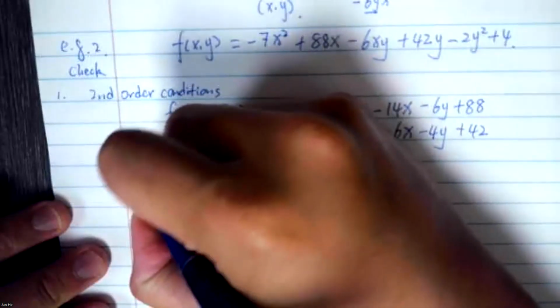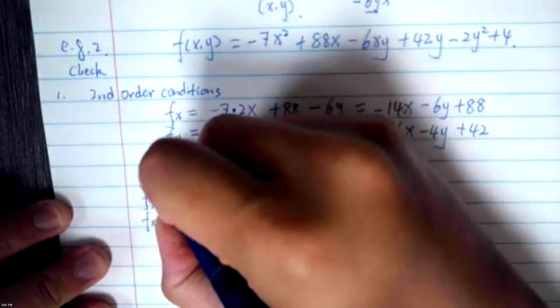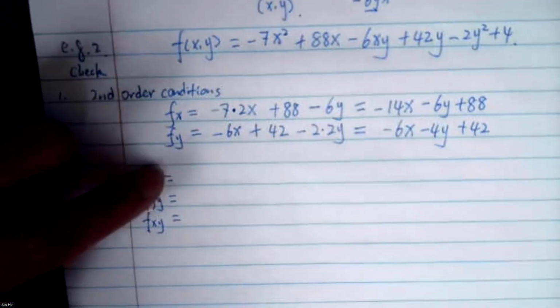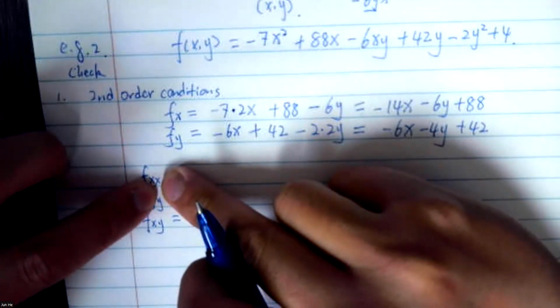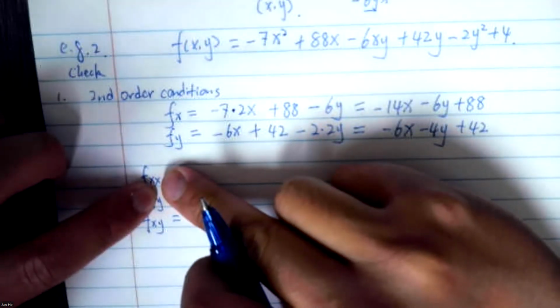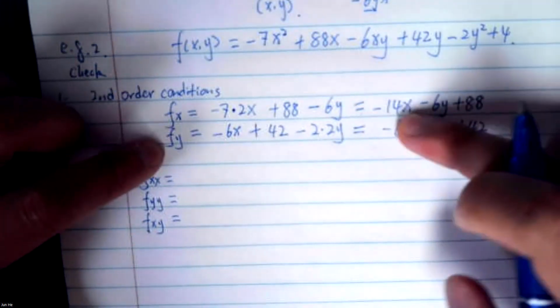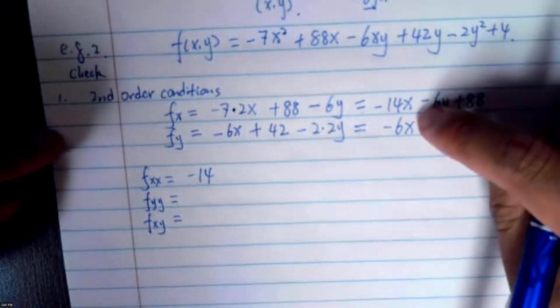Then we need to figure out the second order derivatives. Okay, fxx. So now we are working on fx, and then we take another derivative with respect to x. So f partial on x, that's this. Another derivative with respect to x, that's minus 14, the first term.